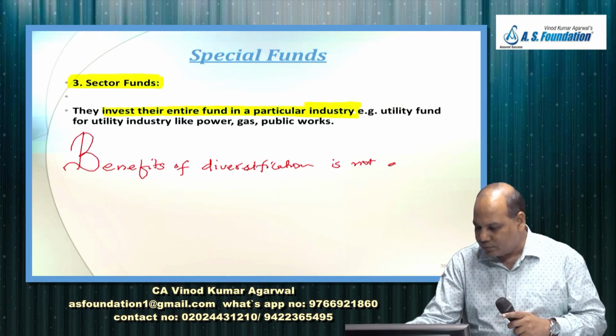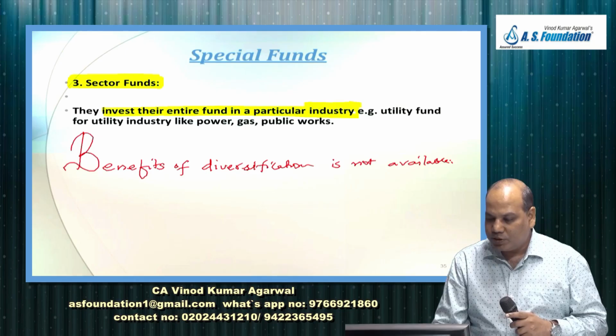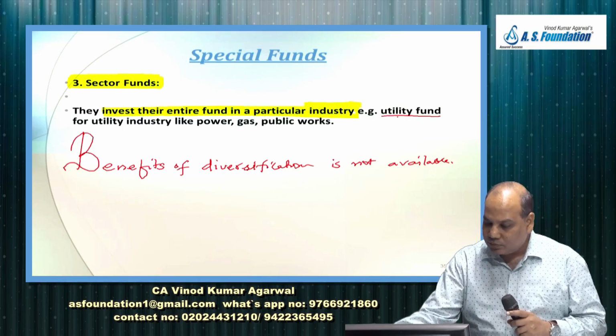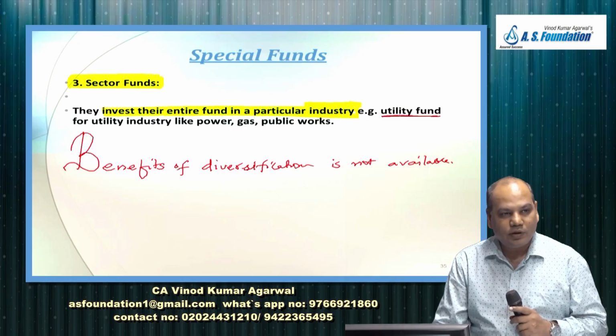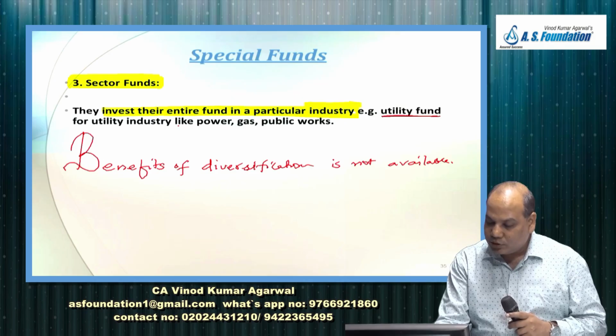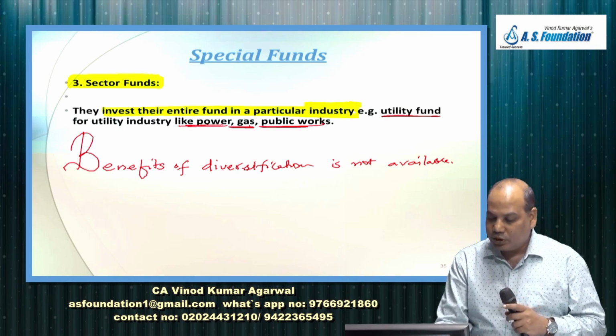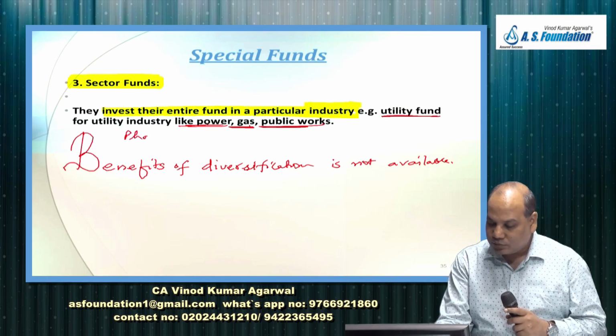For example, in India we have some mutual fund houses which specialize in certain industries only. Like, for example, there is a utility fund. The utility fund would invest in utility industries only, like power companies, gas companies, or other public work companies. There is a pharma fund also.